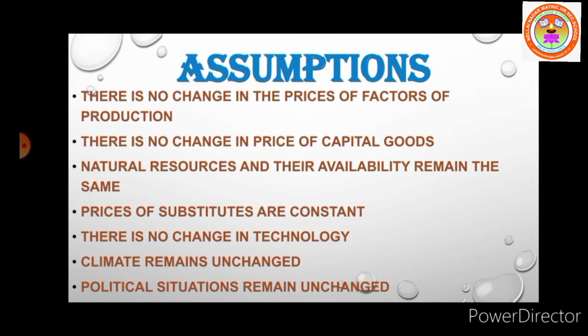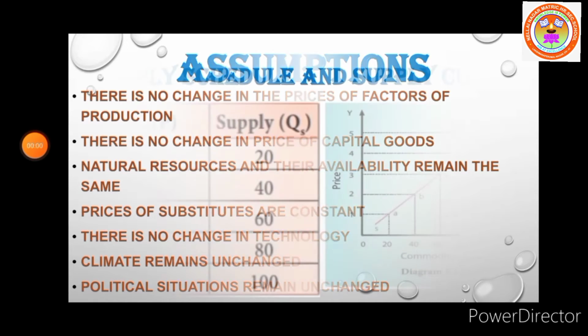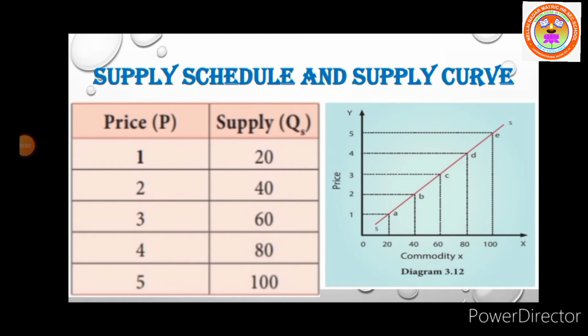Natural resources and their availability remain the same. There is no change in technology. Climate remains unchanged. There is no change in tax policy. These are some assumptions.